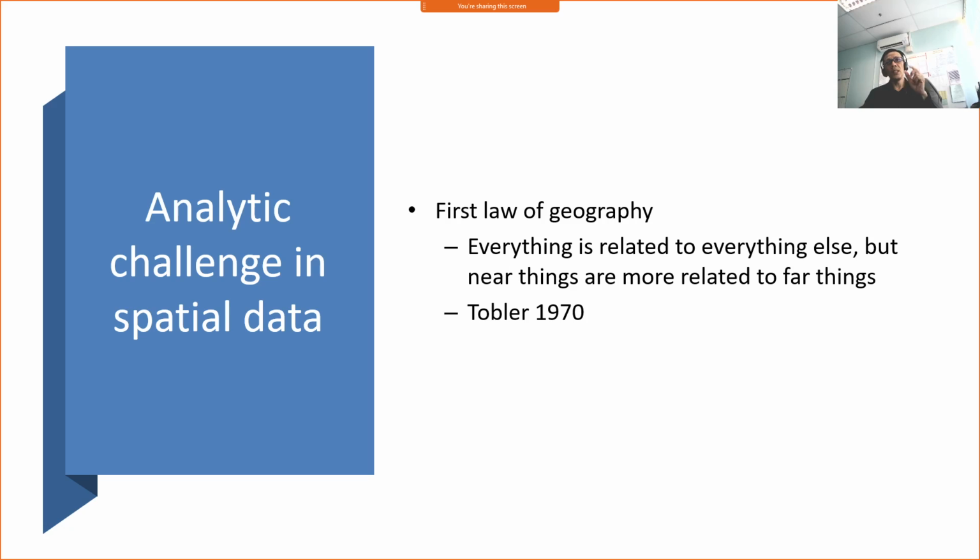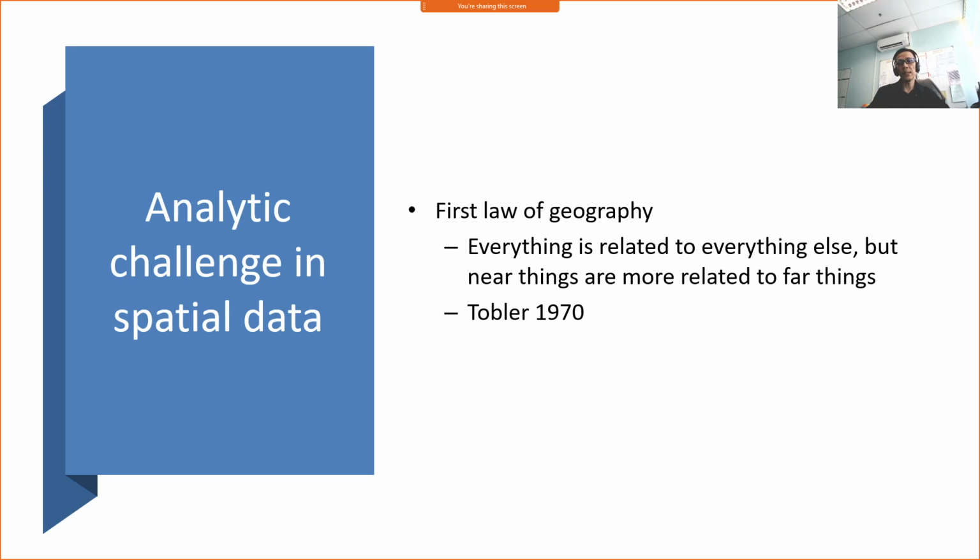But now, if for example you do similar analysis, linear regression or logistic regression, but on data that have some form of spatial relationship, for example dengue, then the assumption of independence might be violated. And because of that, linear regression or logistic regression might not be accurate for your analysis.